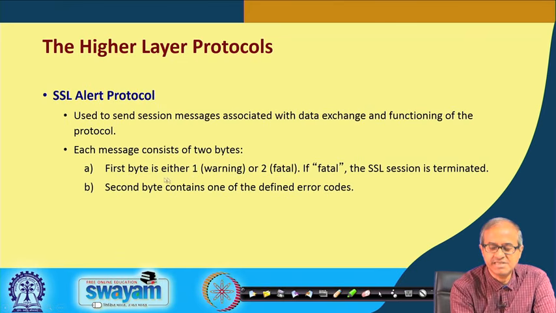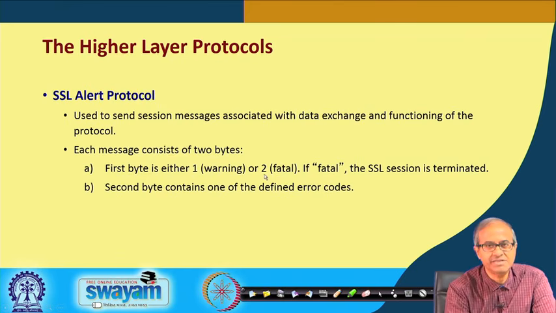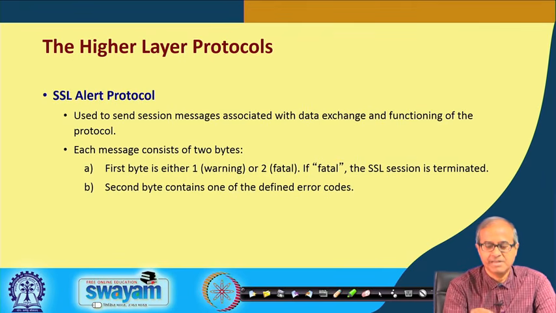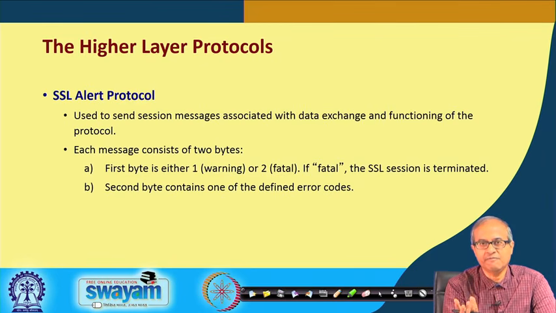The first byte is 1 or 2, 1 means it is a warning, 2 means it is a fatal error. If it is a fatal error, then the SSL session will be terminated, it will not continue. The second byte will contain a code that indicates what kind of warning or fatal error has occurred. This is the task of the SSL alert protocol, it alerts the other side.